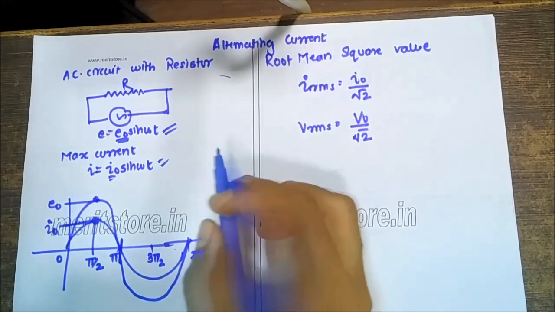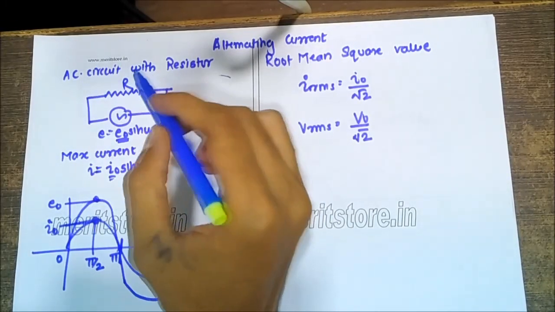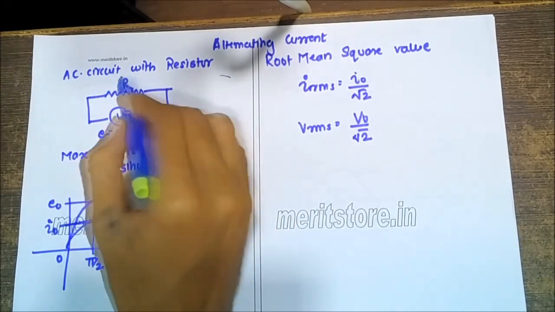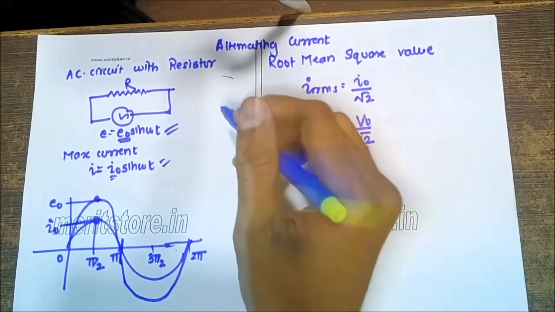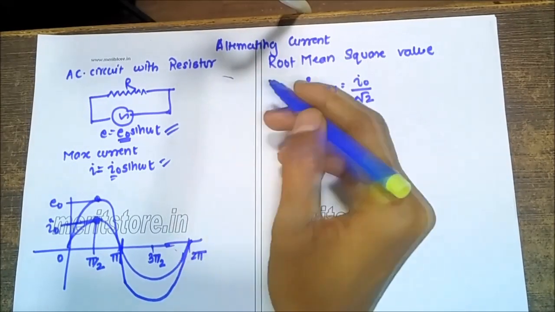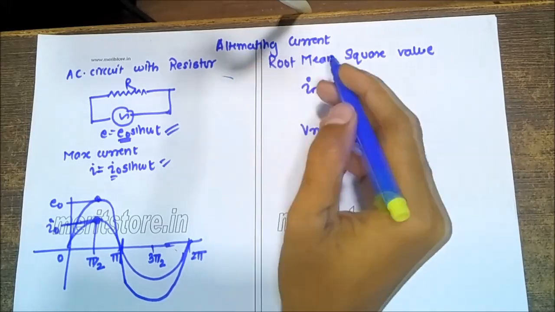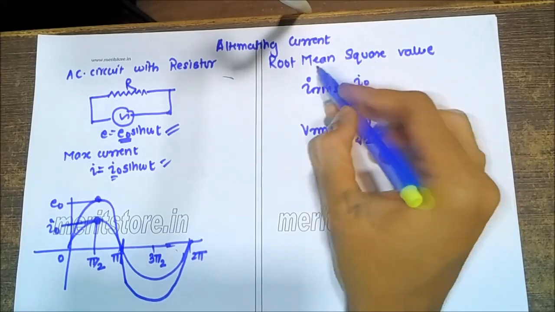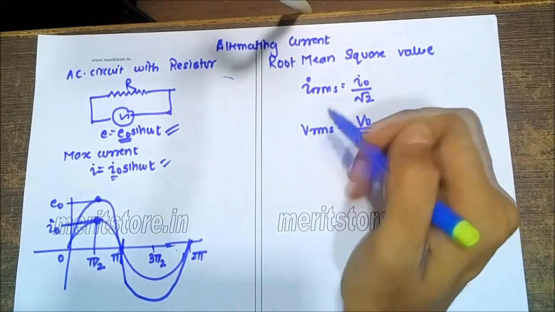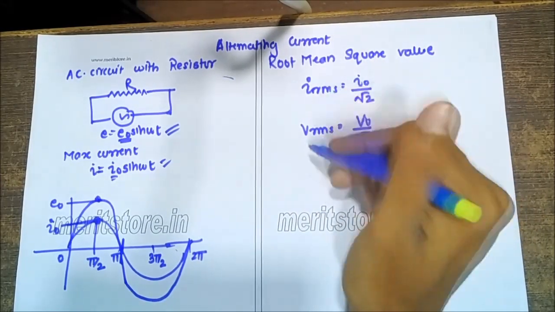We need to produce the same heat as this AC current produces. The amount of heat produced inside the resistor by the AC current in a certain time t, we produce the same amount of heat in the same time using a steady current. That current is called the root mean square value of the alternating current or of the EMF.